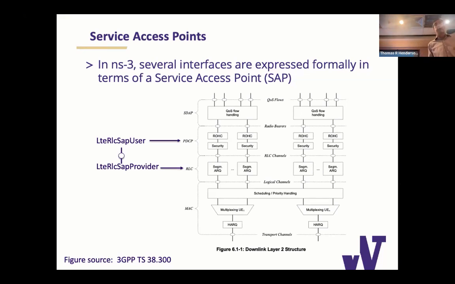It has a pointer to an LTE RLC service access point provider object, which then forwards information to whatever implementation sits underneath this. In this case, like an RLC unacknowledged mode instance of the class. And likewise, the RLC will be delivering up to the PDCP layer through this type of a SAP user interface.